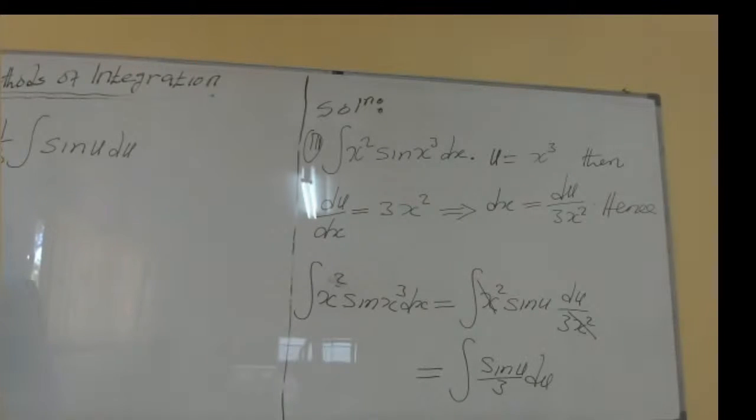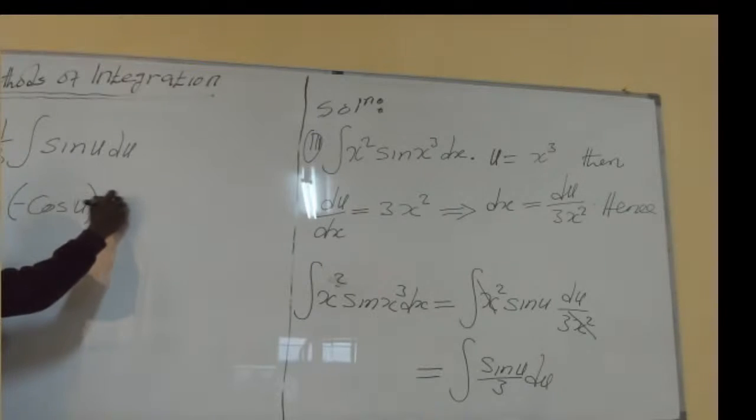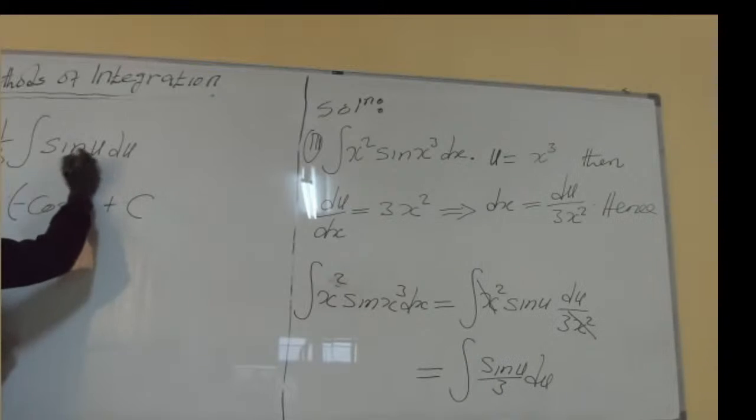Now, 1 over 3 times the integral of sine u: the integral of the sine function is the negative cosine function, plus c.